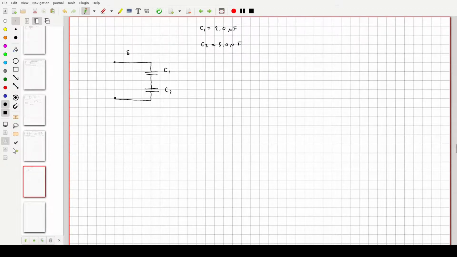Now in series, we know that to get the effective capacitance, what would these two act like if they were just one? That you add them inversely. So if I were to solve for C effective here, it would be 1 over C1 plus 1 over C2.